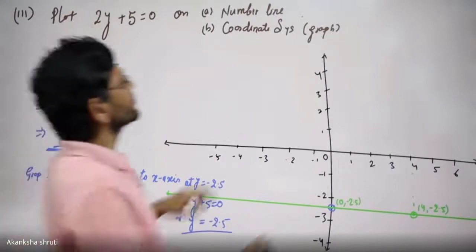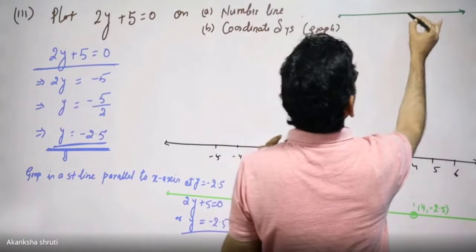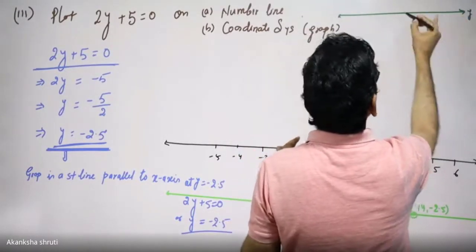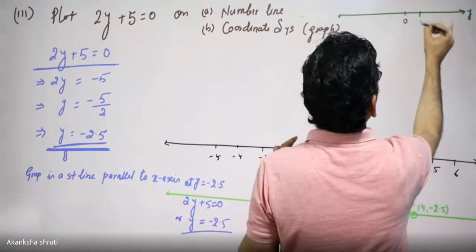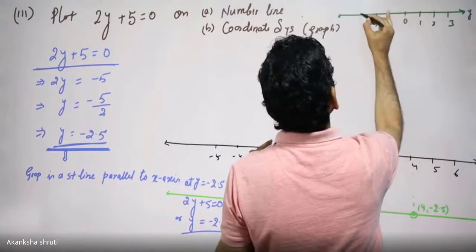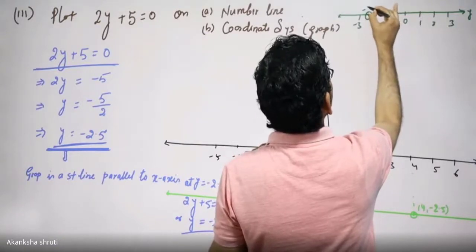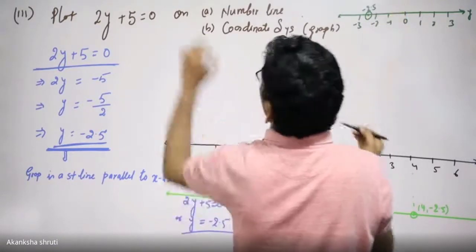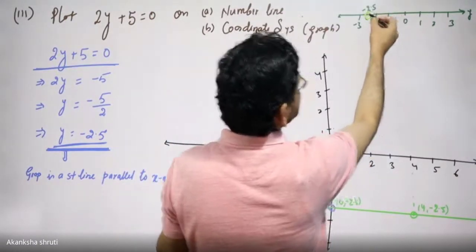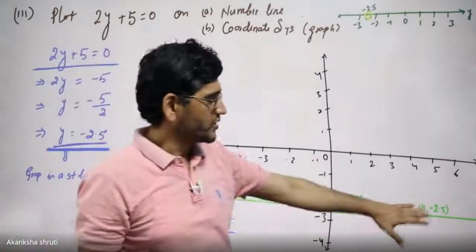At that time we need to take this number line as y directly, take this as 0, 1, 2, 3, negative, minus 1, minus 2, minus 3. It is minus 2.5, this point here. Okay, student. So if it is asked on the number line, then very easy, just a point. But on the coordinate system, it is a line parallel to the x-axis.